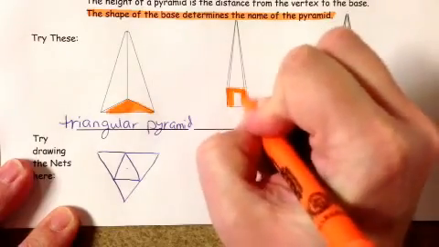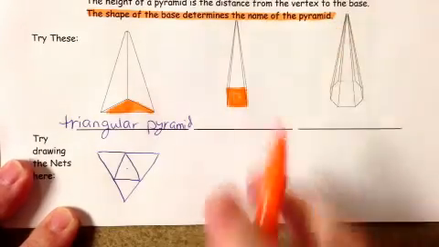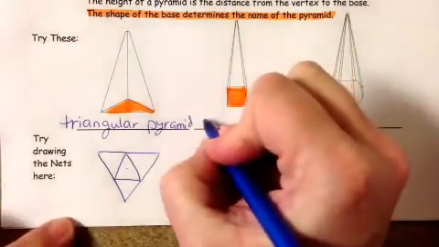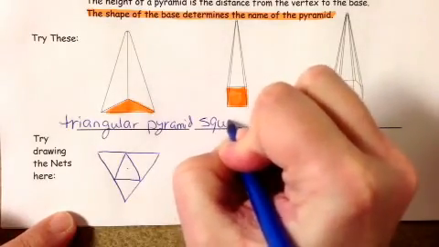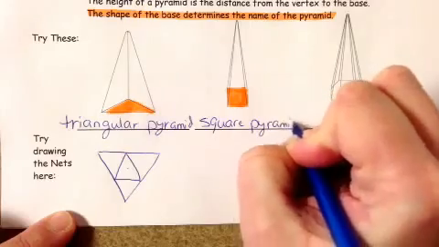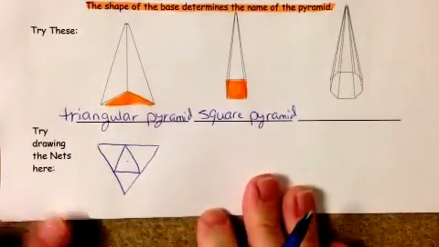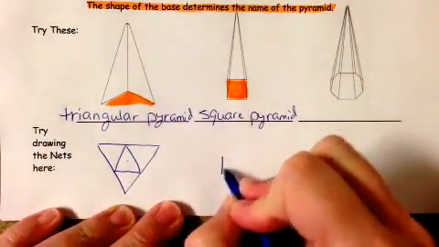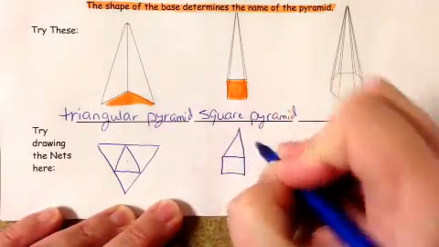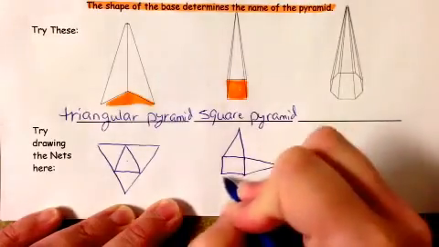So highlighting your square base. Because it has a square base, this is the square pyramid because all the other faces are triangles. And to draw its net, you just need to draw your square base and then draw triangles coming out in all directions.